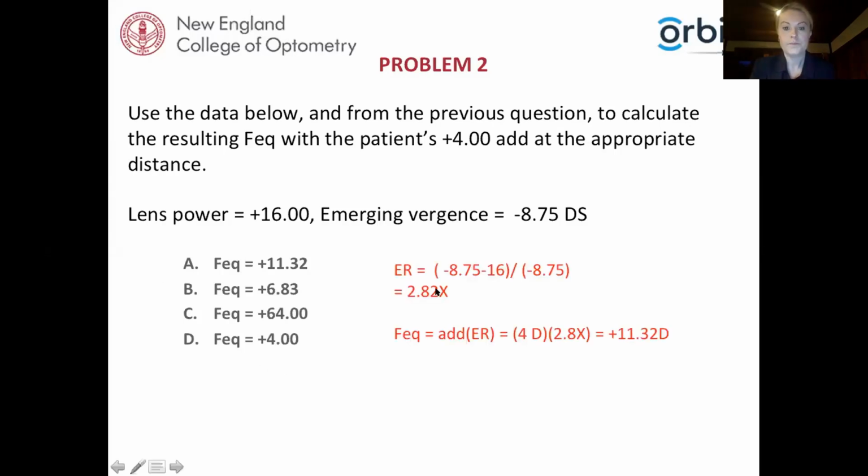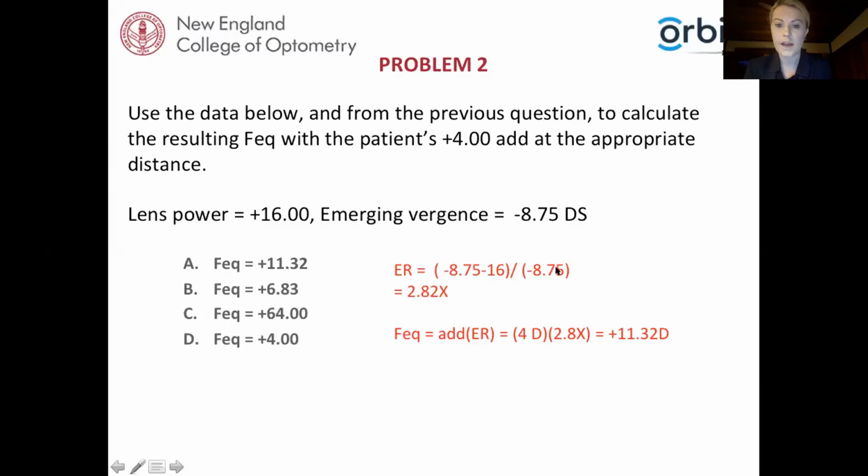Right. So the first step is really to calculate the enlargement ratio. One important thing to consider is that because divergent light is always coming from a stand magnifier, the emerging vergence value is always going to be negative in our formula.